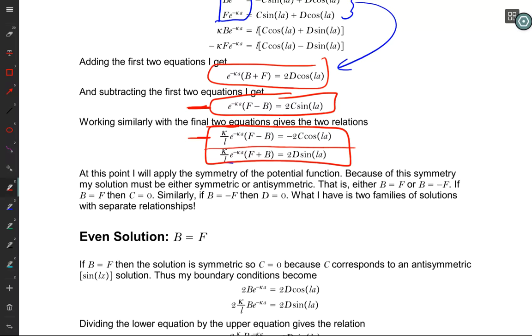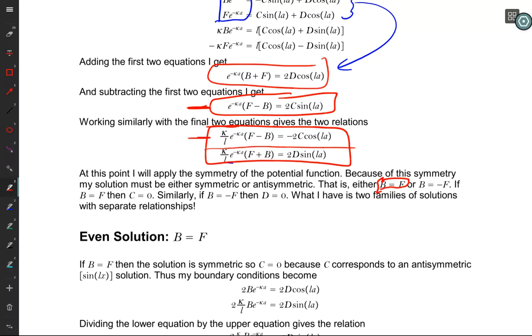And so for an even solution, I would have B is equal to F. It's exactly the same on both sides. For the odd solution, I'd have B is equal to minus F. And so this is another case where we're using logic instead of just bludgeoning through, using the logic to make my life a little easier in the math.